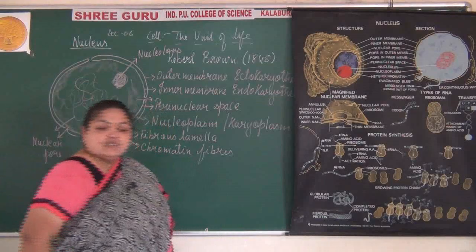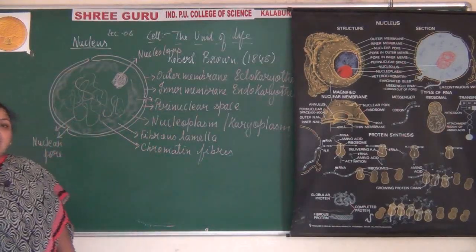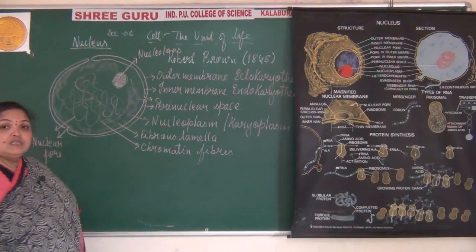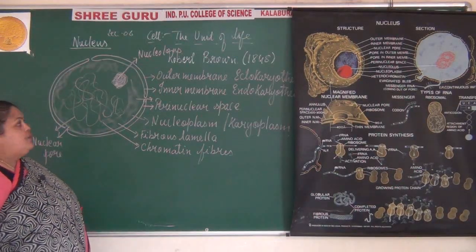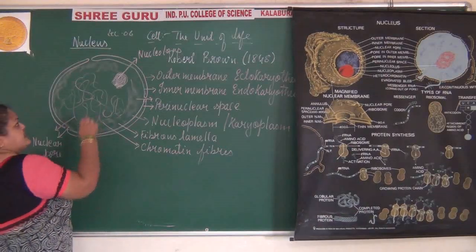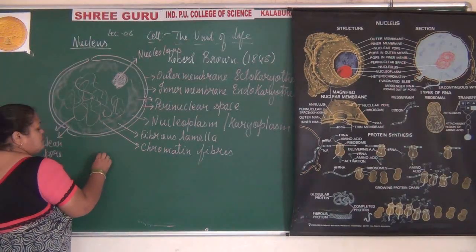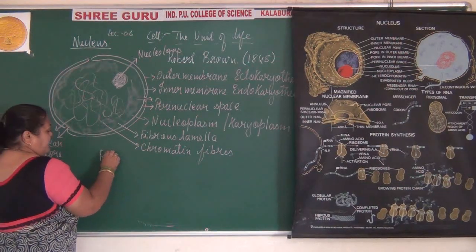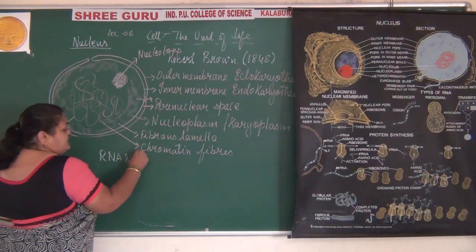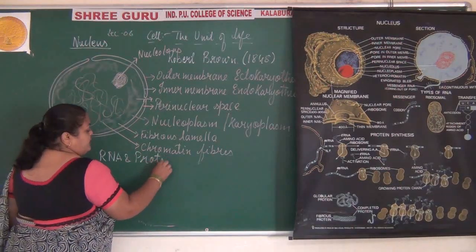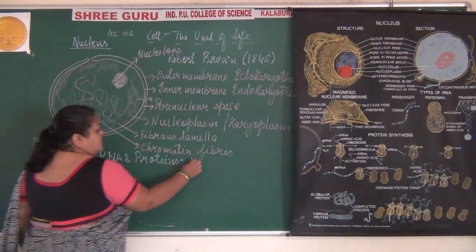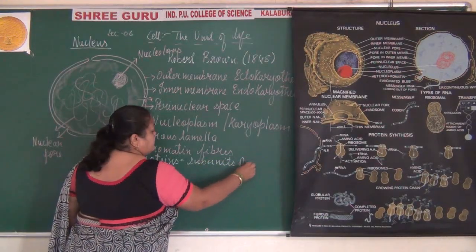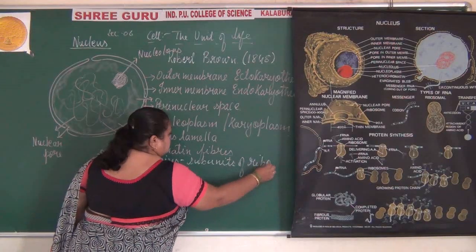So the nucleolus is involved in the production of ribosome subunits, that is RNA and proteins. So the nucleolus is considered to be the ribosomal factory, as it produces the RNA and proteins, which are the subunits of ribosomes.